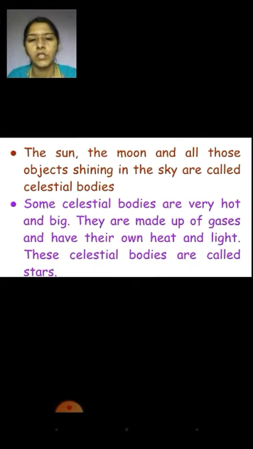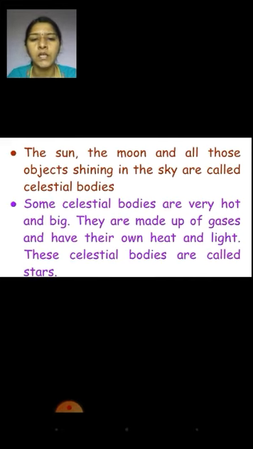Some celestial bodies are very hot and big. They are made up of gases and have their own heat and light. These celestial bodies are called stars. I'll read one more time.